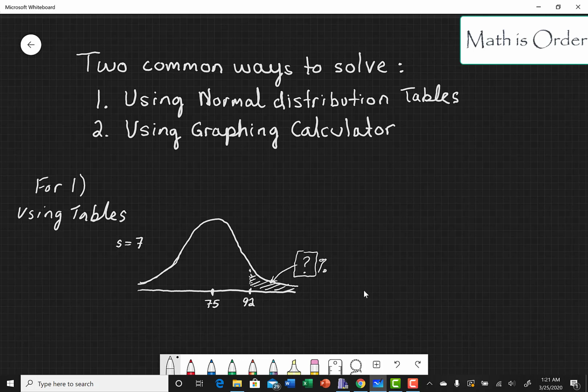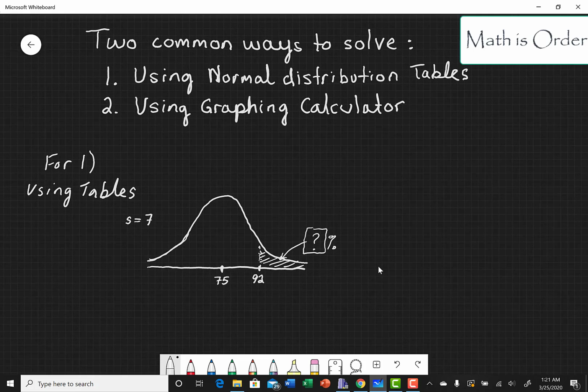Just for your information, we'll come back to that. What relationship relates the mean, a data value, and the sample standard deviation? That is a z-score.